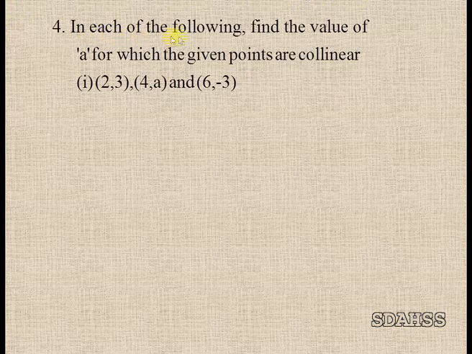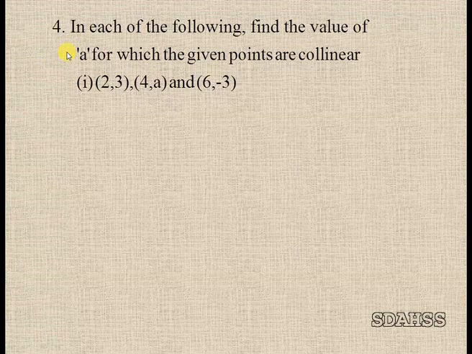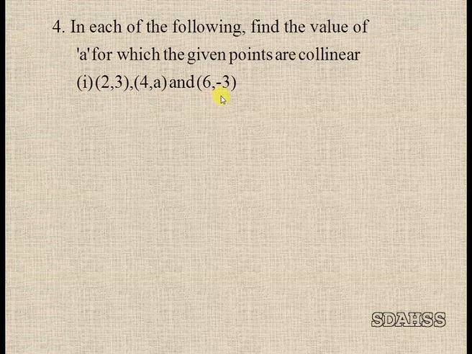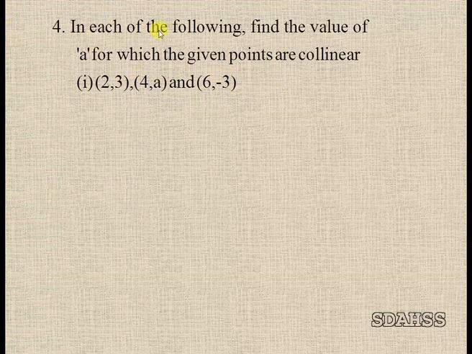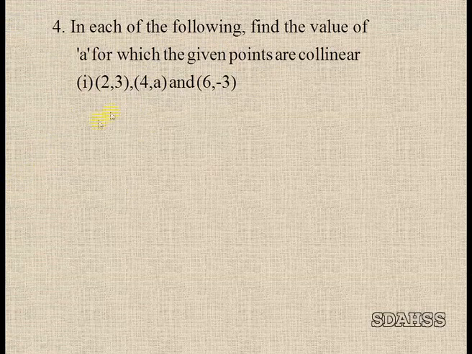Fourth sum. In each of the following find the value of A for which the given points are collinear. Subdivision 1: (2, 3), (4, A) and (6, minus 3). Here the given three points are collinear, but you have to find the value of A. What is the condition for collinearity?